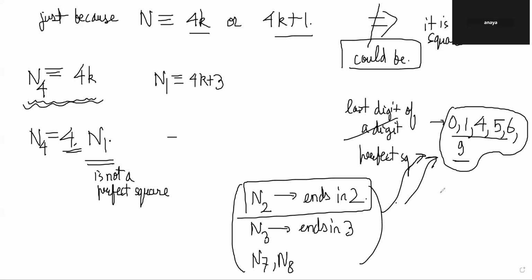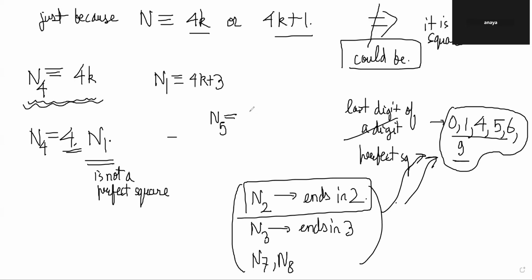N5 and N9. Let's think of N5 and N9. N5 is equal to 5555, k times.